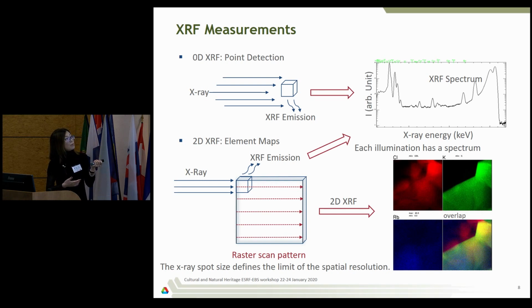Then we raster scan the sample, do the same analysis for every single pixel, and deconvolute them into element maps. Here's an example of what we see, for example chlorine, potassium, rubidium, and then an overlap of them for later data explanation.